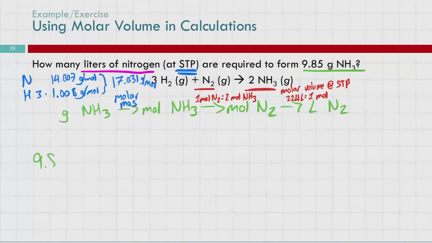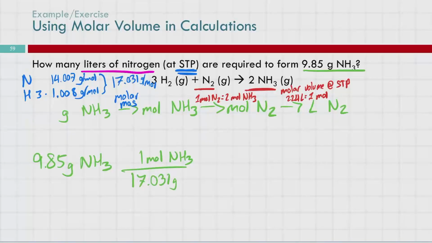And then our calculation will look like this. Let's do it different. 1 mole NH3 over 17.031 grams NH3.